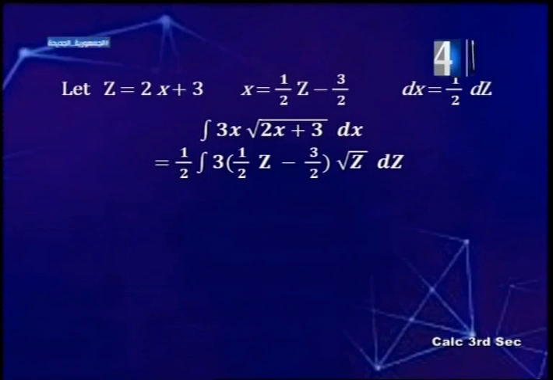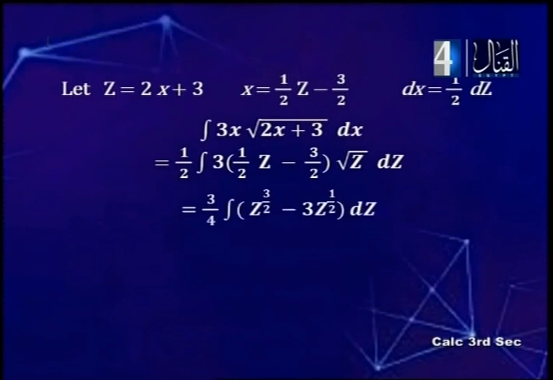Then we can multiply root z, or z to the power half, inside the bracket. Then 3 over 4 integration of (z to the power 3 over 2 minus 3 times z to the power half), all with respect to the variable z.